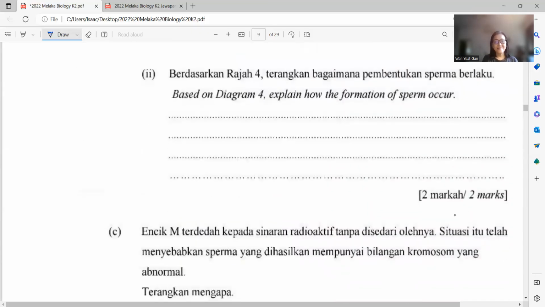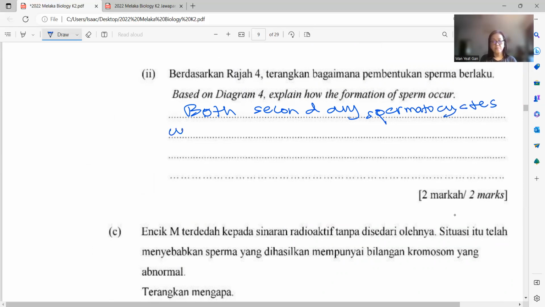Okay, so here you say both secondary spermatocytes undergo meiosis 2 to produce 4 spermatids.